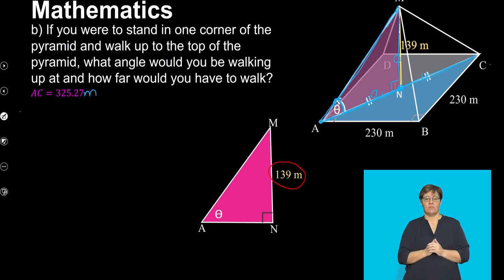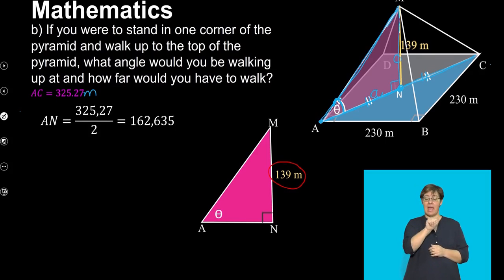So we're going to calculate AN first. Remember, we said AN is going to be half of AC that we found earlier, and AC was 325.27 meters. We're going to divide that by 2, and now we have our value for AN. So AN is approximately 162 meters.